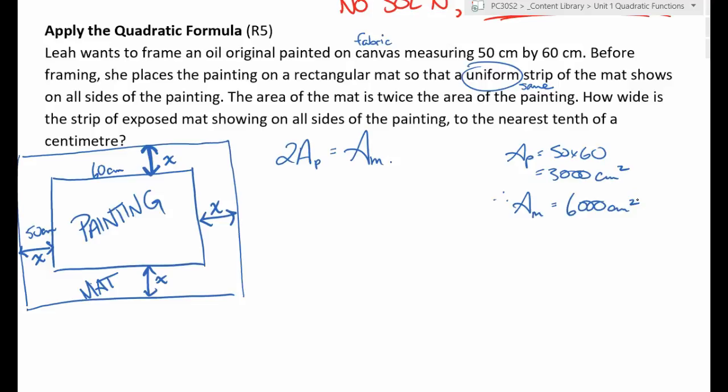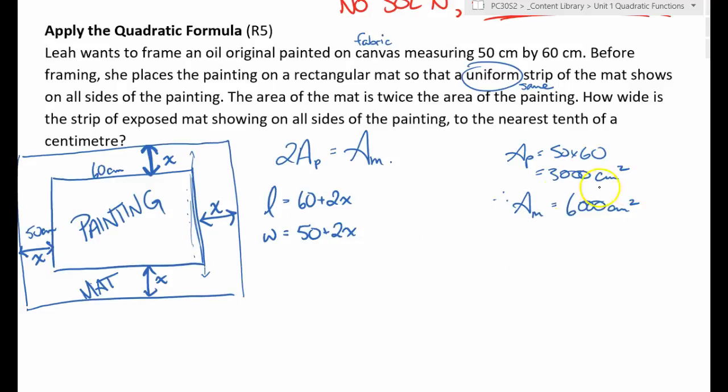I need to figure out that x piece though, so I need to work with my new dimensions. So for the mat, the length of it is actually 60 plus 2 x's, and the width is 50 plus 2 x's. So we've got the original 50 and extended beyond by x in both directions.